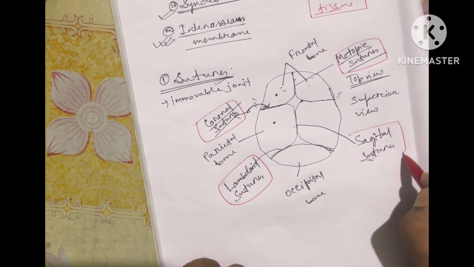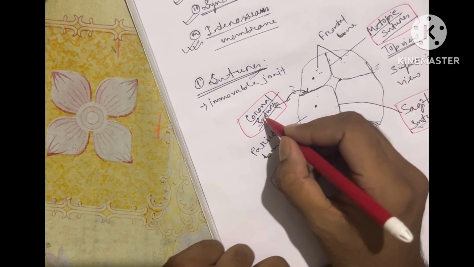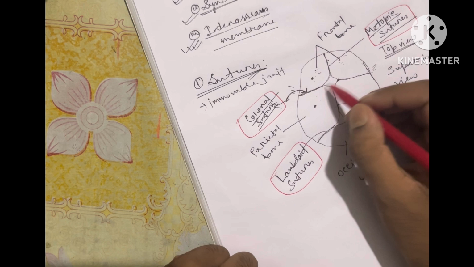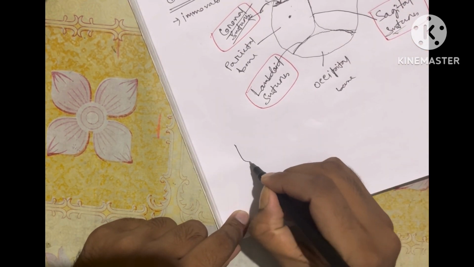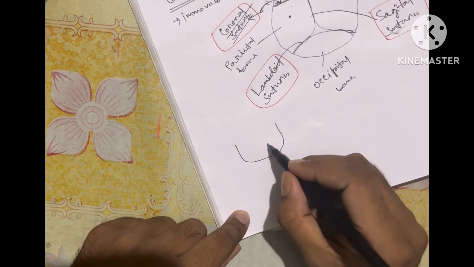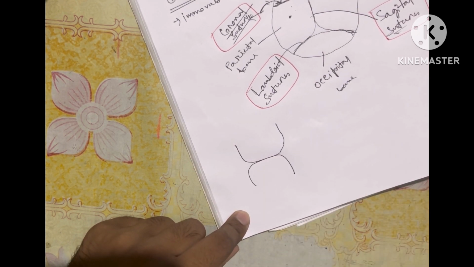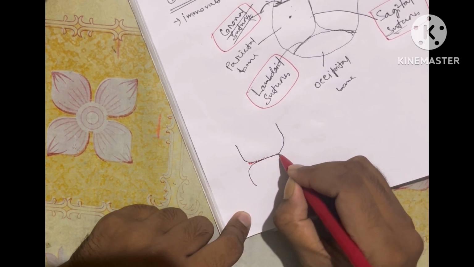So we have different kinds of sutures in our skull. What are sutures basically? They connect two different bones and they are immovable joints. Suppose this is our frontal and this is parietal bone, I am drawing it. In between, they are almost fused together.